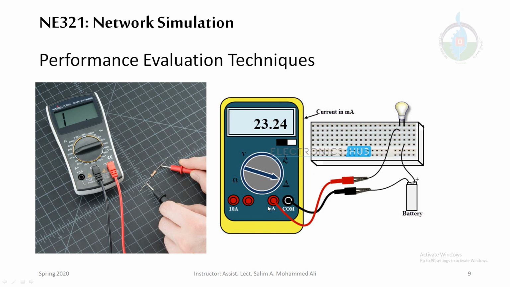But since we don't have any real zero resistance, even these wires have their own resistance, so part of the current will be consumed by the multimeter, not by the load. So for accurate measurements, specific direct measurements cannot be achieved in these systems.